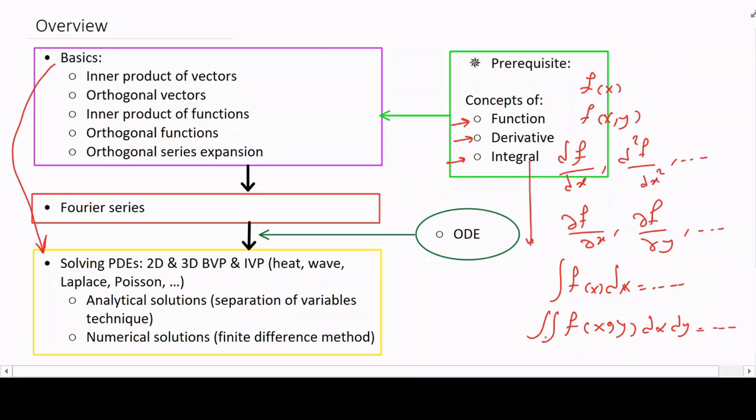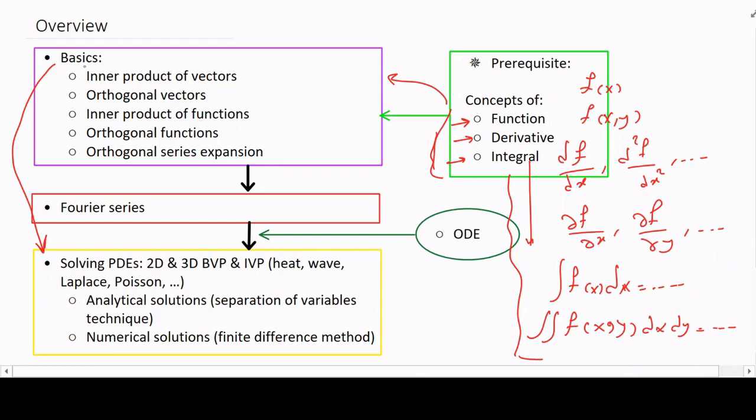So if you are familiar with these concepts, then you should be able to comfortably follow the rest of this course. Otherwise, I definitely recommend you to use other resources to familiarize yourself with these concepts, and then come back to the rest of this course.